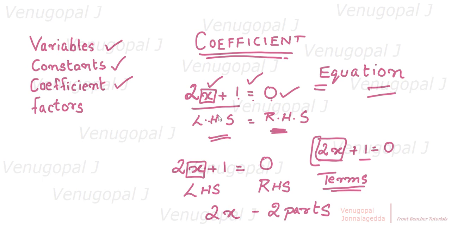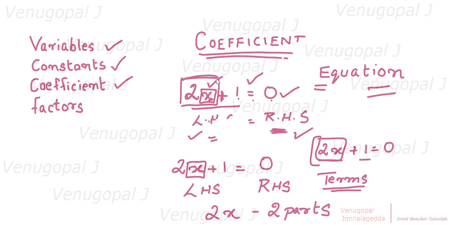In an equation, you have a left hand side and a right hand side. Okay, and each term is separated with an operator.